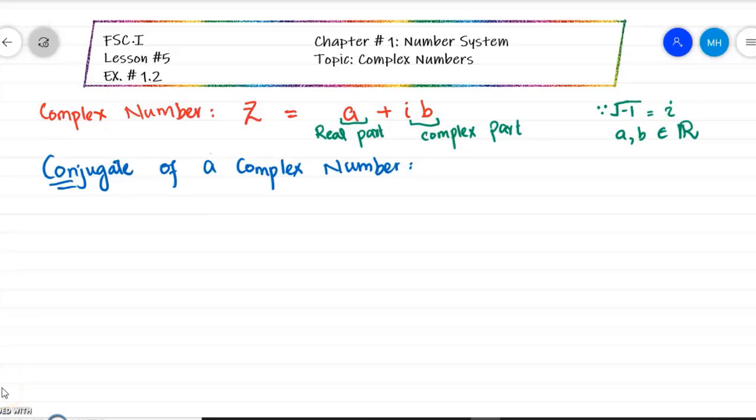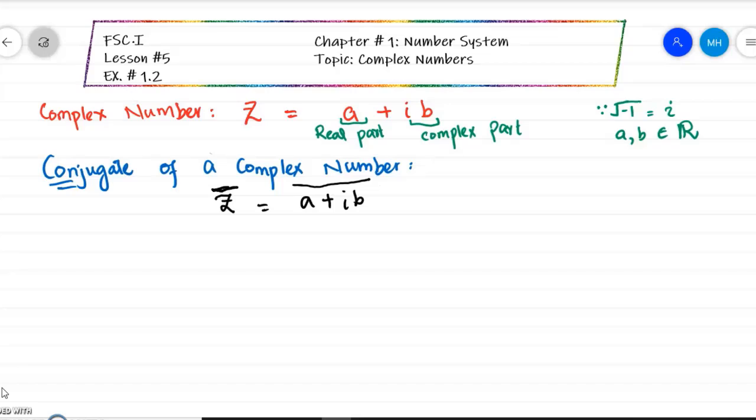To create a conjugate of a complex number, the sign for conjugate is a bar on the complex number. When you make the bar, you have to take it over the whole number on both sides.